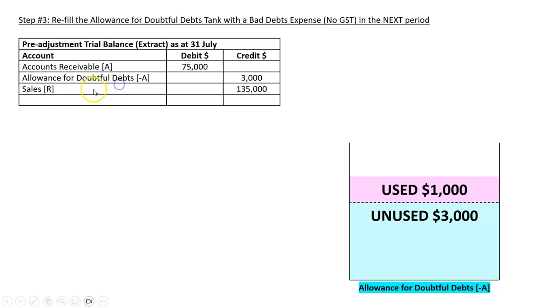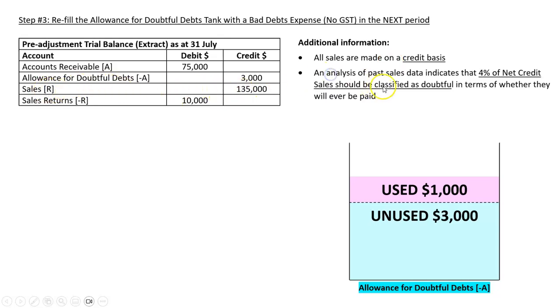So at the moment there's 3,000 left. During the period, our sales were 135 and our sales returns were 10,000. So additional information says all sales are made on credit. So all these sales here are credit sales. An analysis of past sales again says that 4% of net credit sales should be classified as doubtful in terms of whether they will ever be paid.